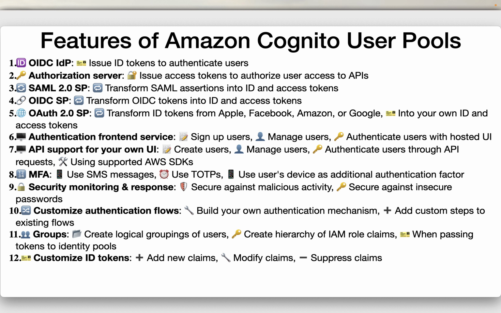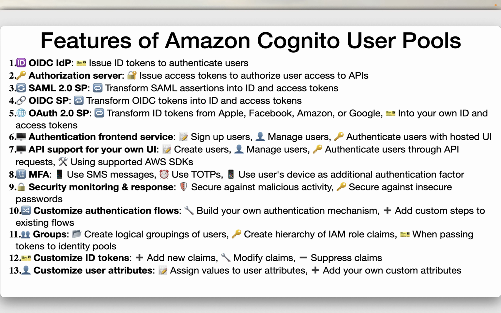Customize ID tokens: you can customize your ID tokens with new, modified and suppressed claims. Then customize user attributes: you can assign values to user attributes and add your own custom attributes. So this is the complete feature list of Amazon Cognito user pools, which you can think of as a user directory.